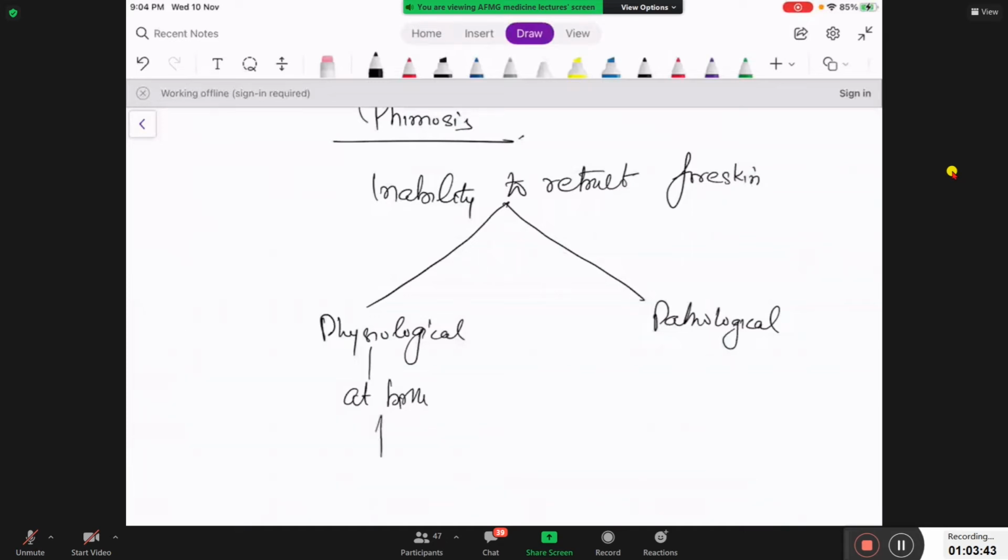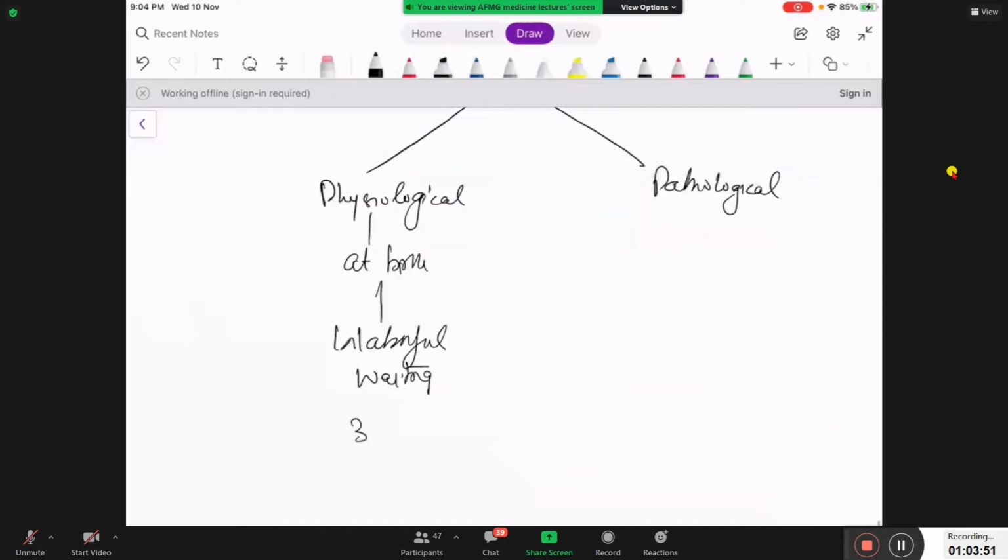We offer watchful waiting till 3 to 4 years of life, because as the baby grows, this attachment of the foreskin with the glans gets released and it gets back to normal.